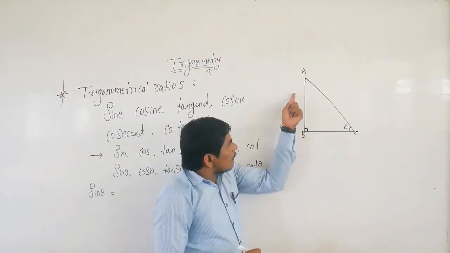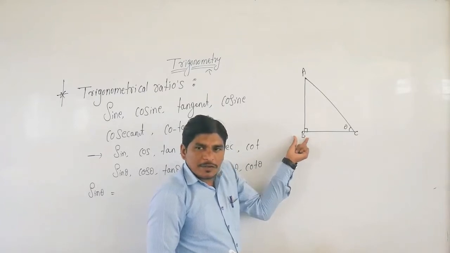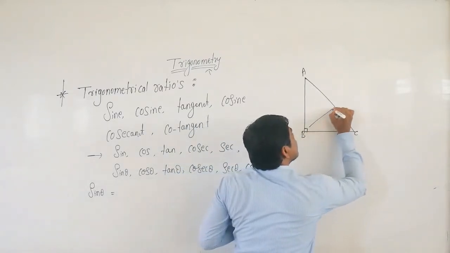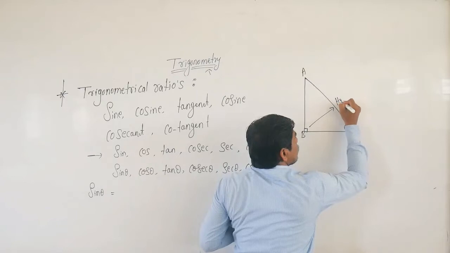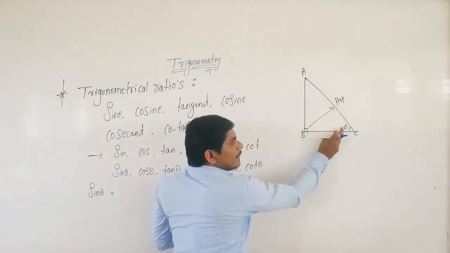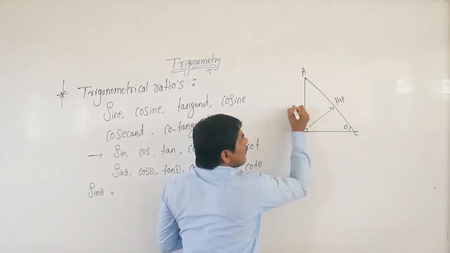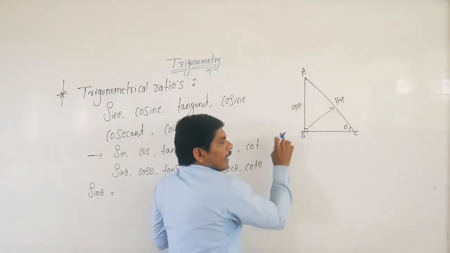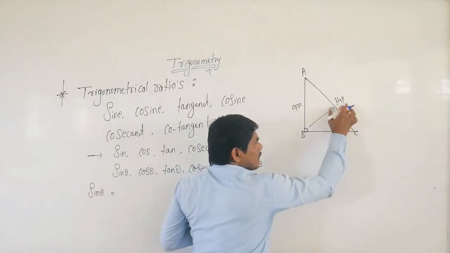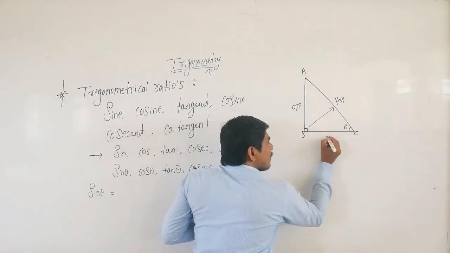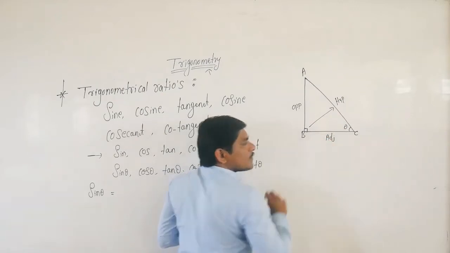The side opposite the 90 degree angle is the hypotenuse, the side opposite theta is always the opposite side, and the remaining side adjoining theta and the hypotenuse is always the adjacent side.